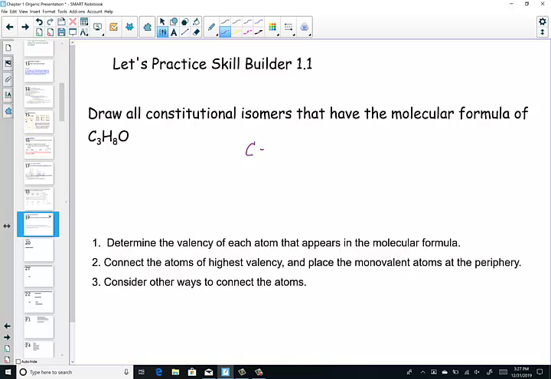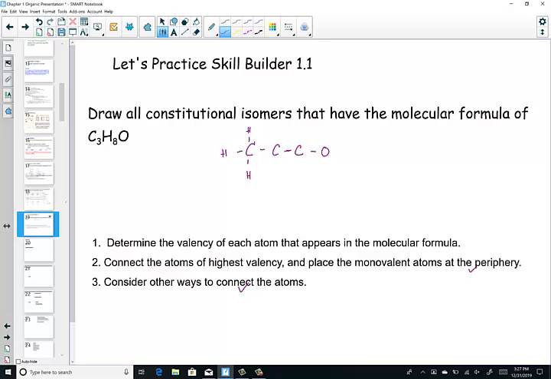One possible way is to hook the 3 carbons together, forming a straight chain of 3 carbons. We could then place an oxygen at the end, and then remember to use the hydrogens as peripherals, just to fill the octet of all of the remaining atoms. So for instance, since carbon requires 4 valence bonds, it would require 3 hydrogens to complete the octet.